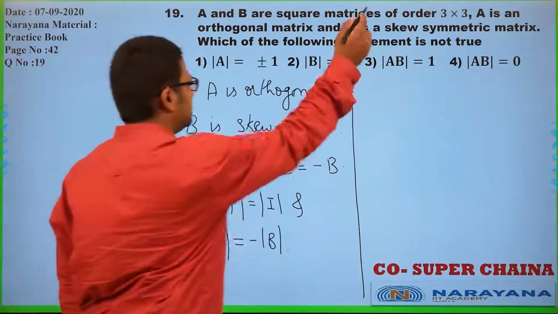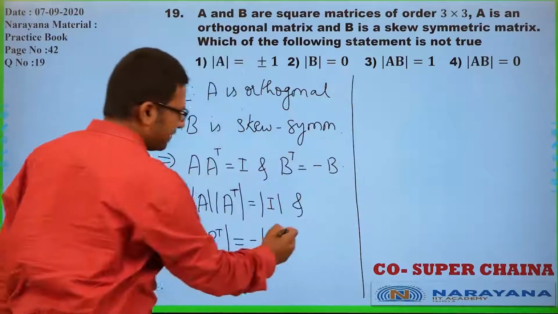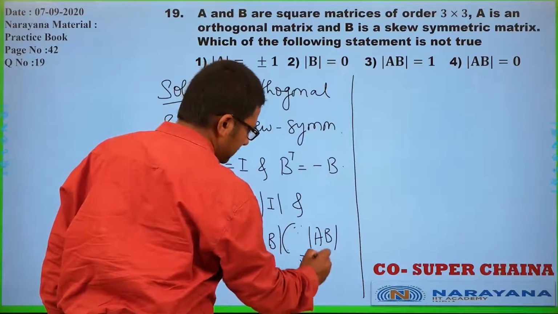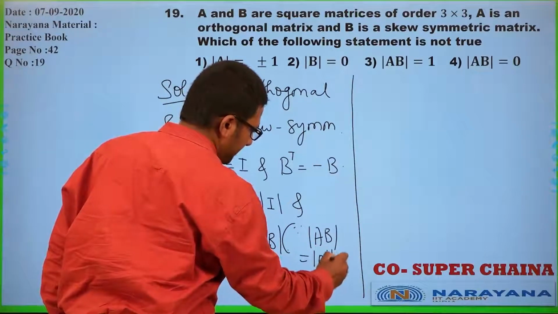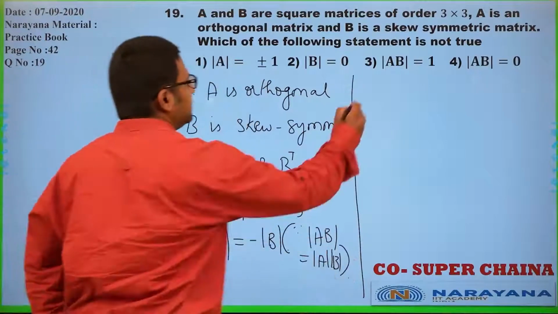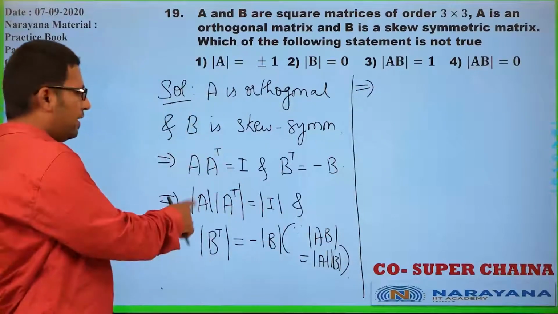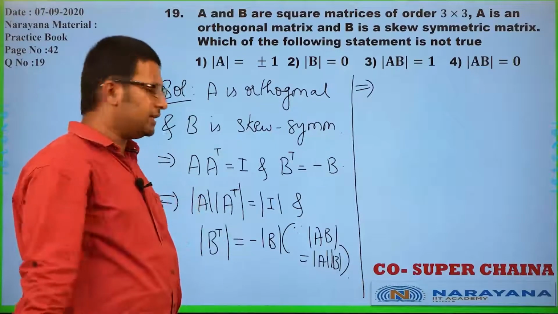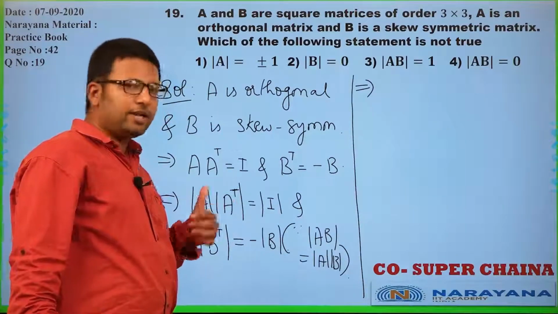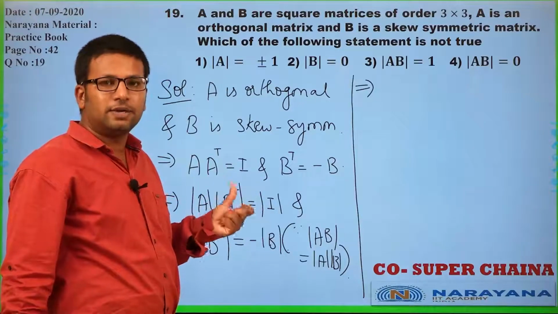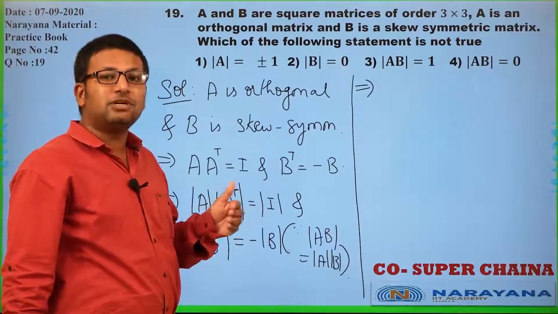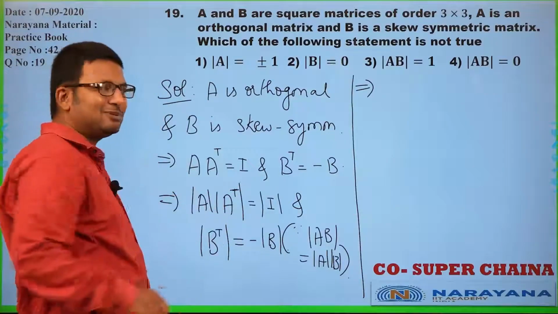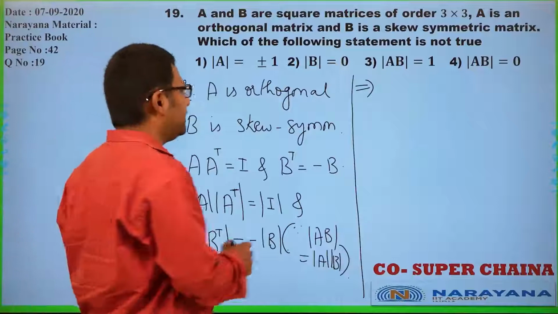So, for your reference, mod of AB is mod A into mod B. Another property of determinant that we are going to need here is that whenever you take a transpose of a matrix and take its determinant, transposing does not change the value of the determinant. So then mod A and mod A transpose are actually the same values.